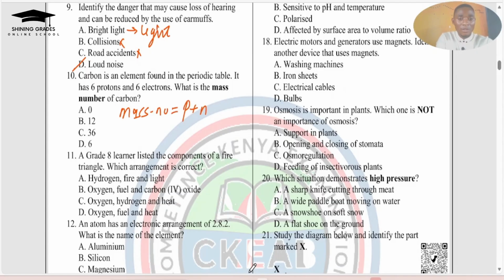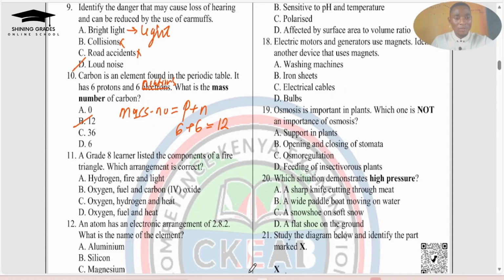From our question, we are only provided with protons and electrons. There's no way we can obtain neutrons, so there was a mistake in this question. The assumption is that the neutrons were also 6. So the mass number would be 6 plus 6, which gives us 12. So the correct answer is B.